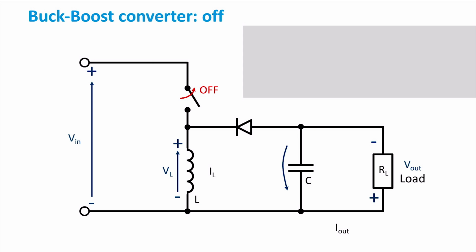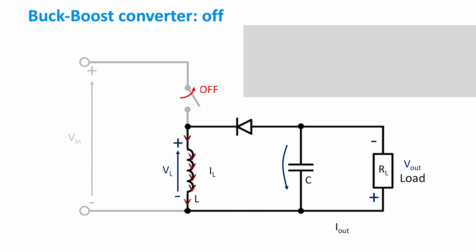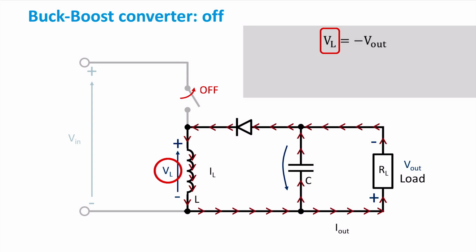On the other hand, when the switch is off, it disconnects the input source, and then the magnetic field of the inductor becomes the driving force that circulates the current through the load. As a consequence, the voltage across the inductor becomes the additive inverse of the output voltage. Remind that this is true only if we consider negligible the voltage across the flyback diode.